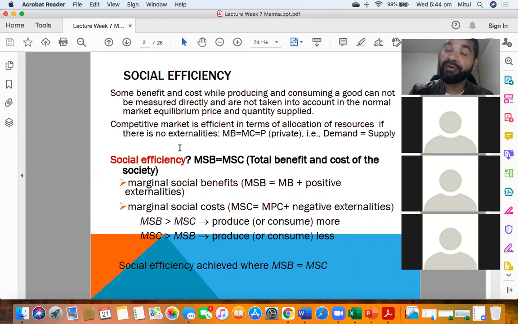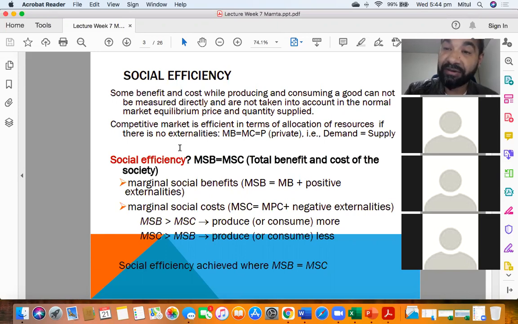So now, how do you say what is social benefit and social cost? The society is benefited: social benefit. Society is hampered, damaged: social cost. What is marginal social benefit?